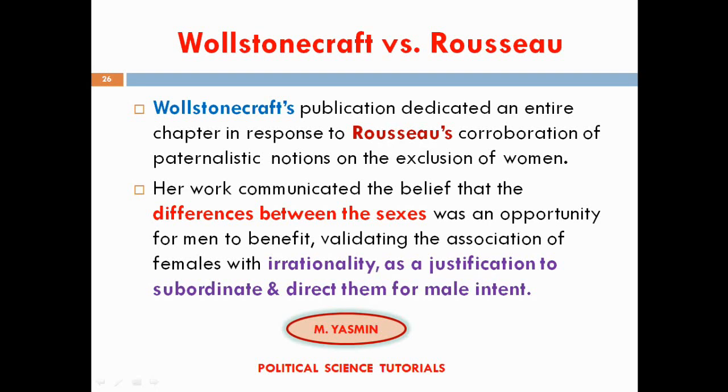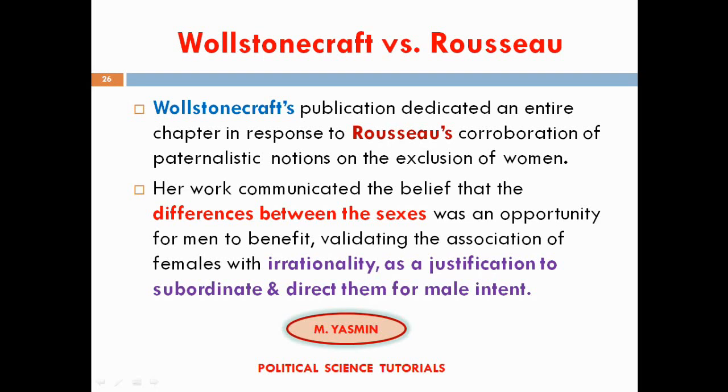The first modern text of feminism is usually taken to be Mary Wollstonecraft's The Vindication of the Rights of Women, which was published in the year 1792. This is an important book in the literature of feminism.